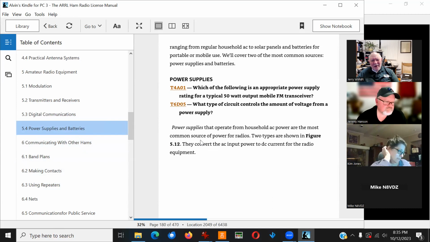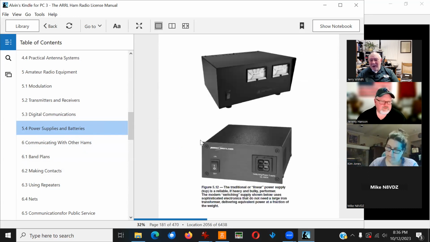First of all, automobiles operate at 13.6 volts or thereabouts. That's the standard voltage. So when you buy a power supply, you should have it set for 13.6 volts.